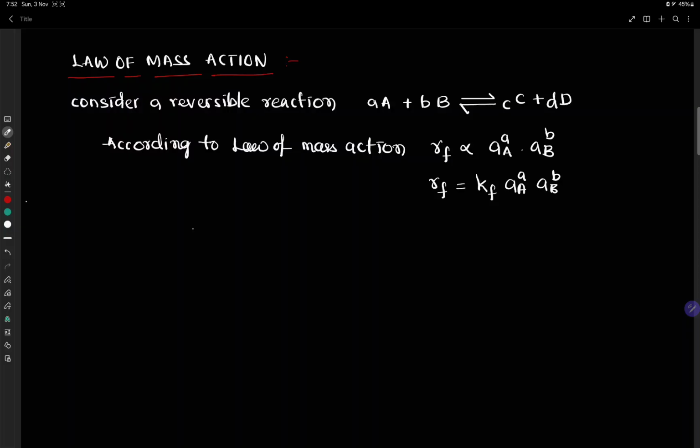In a similar way, the rate of the backward reaction is directly proportional to the product of active masses of reactants. What are the reactants for the backward reaction?